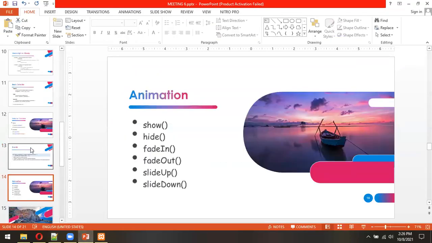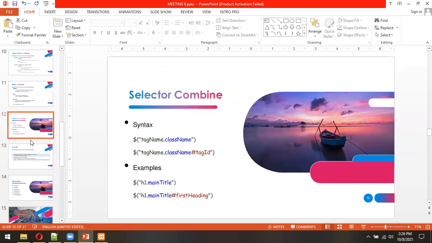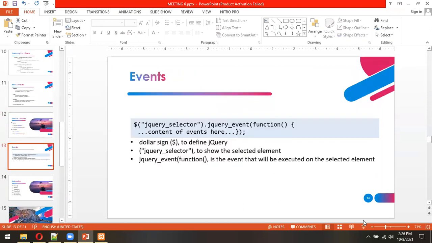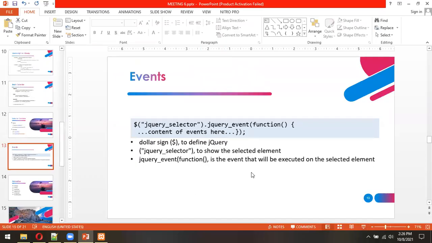Okay, so maybe I will explain about events like we have learned in JavaScript. When an event happens, a block of code can be run too. It is also available in jQuery, but the code is simpler when we use jQuery for calling an event.